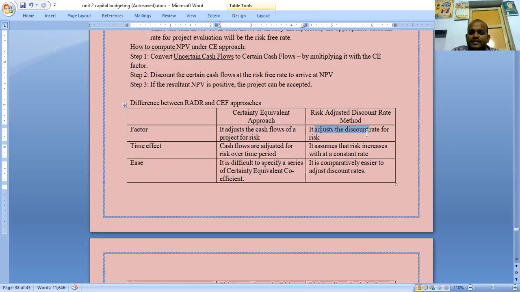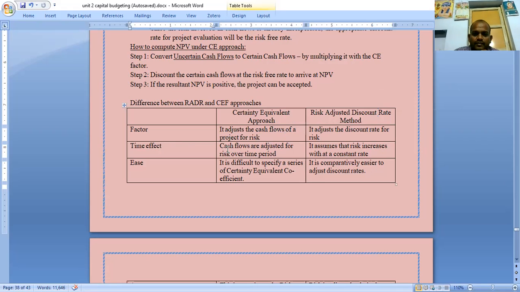The risk-adjusted discount rate adjusts the discount rate for risk, like the risk-free rate plus a risk premium. It adjusts the discount rate, but here it adjusts the cash flows.